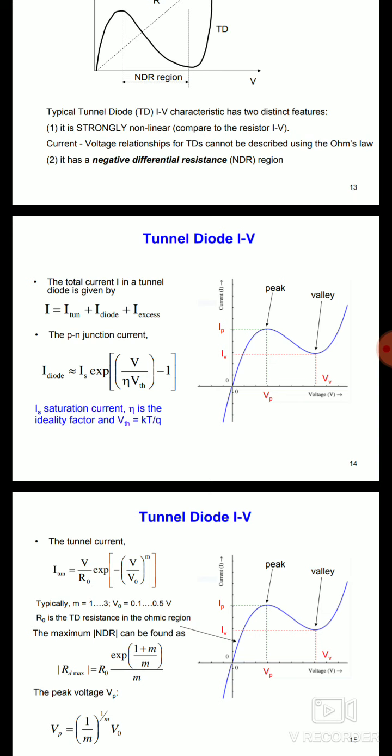From the graph we can see that the current reduces when the voltage increases, and that is the negative resistance region of the diode. In this region, the tunnel diode produces power instead of absorbing it.